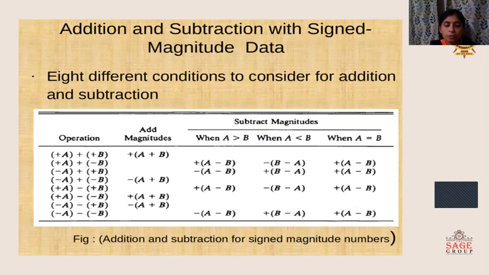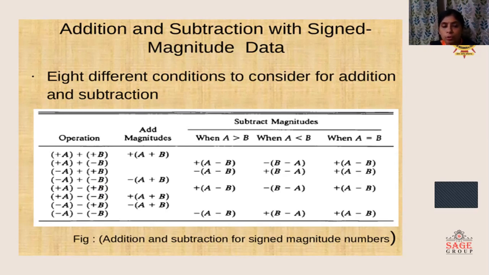If A is negative and B is positive, then again three conditions are possible: A minus B or B minus A. If the signs of both A and B's data are negative, the same sign, then addition operation is possible.